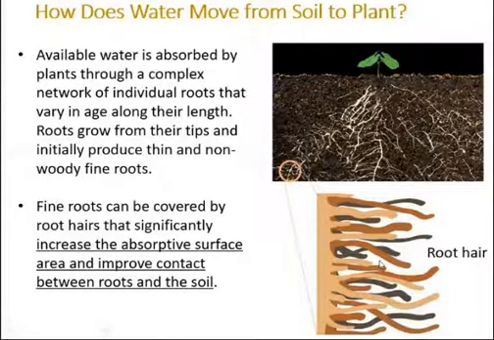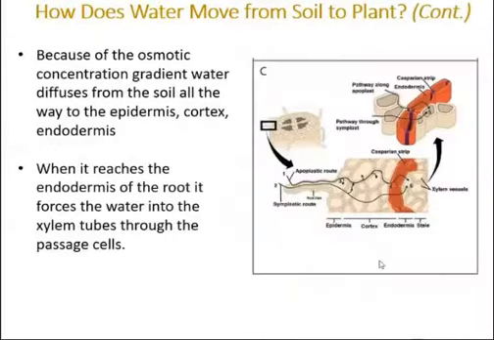Now what happens after the plant starts absorbing water? How does the water move? This is an illustration. Here you have the root, and here you have the other parts of the plant all the way to the xylem. When the water is absorbed by the root, it moves due to the osmotic gradients, meaning differences in salt concentrations.